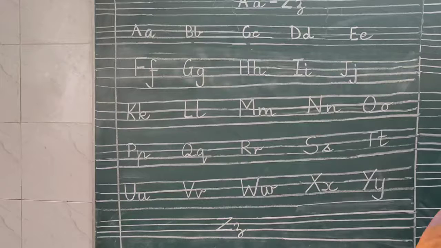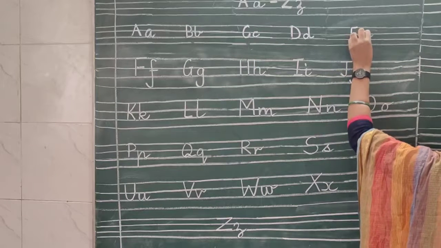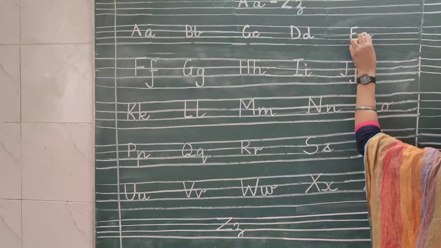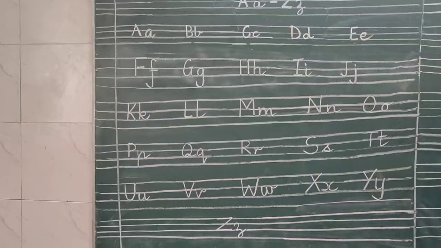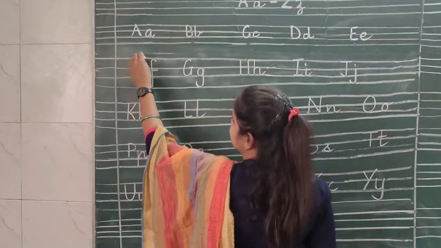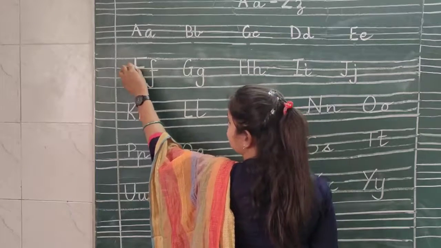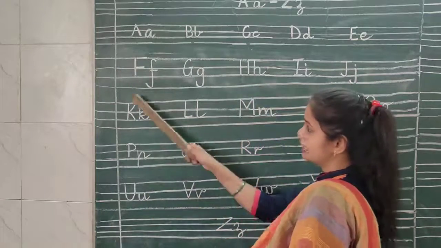Is that clear? This is capital E and small e will be between these two lines. Is that clear? Now coming to F. Straight line, then one small line and another small line. This is our capital F.